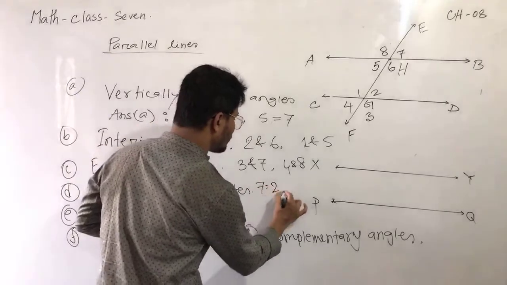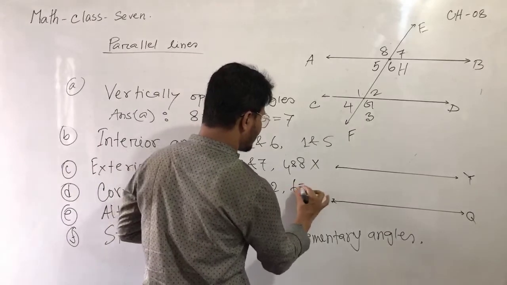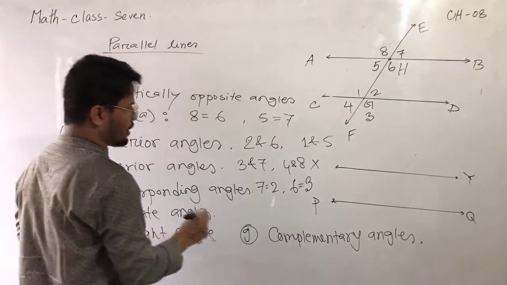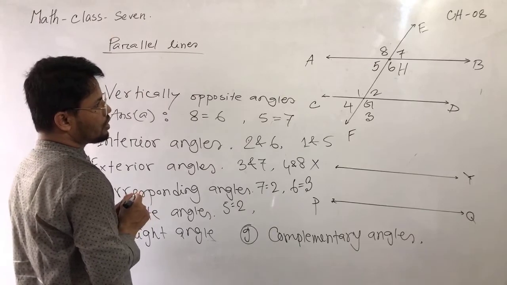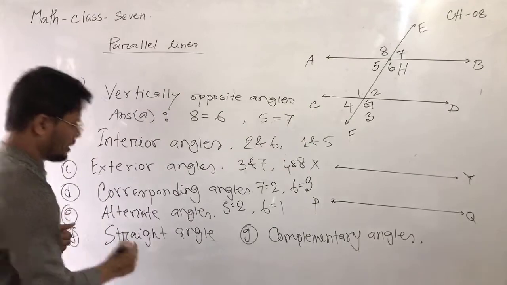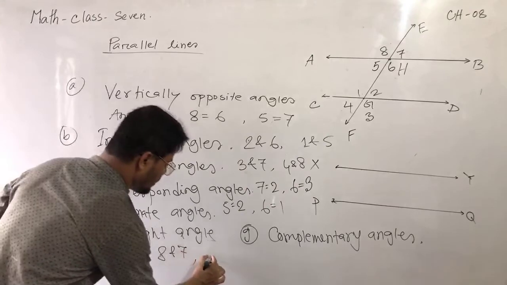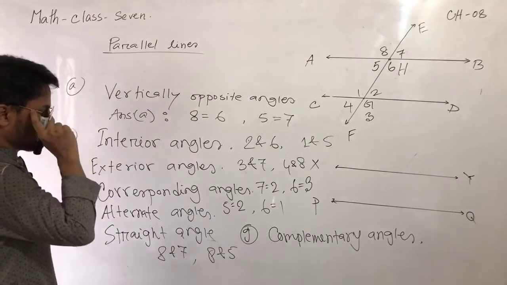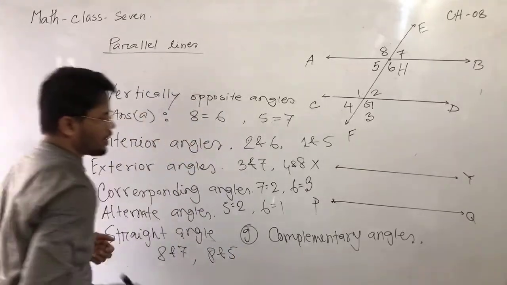Alternate angles: 5 equal to 1. Straight angle: 8 and 7, or 8 and 5, or you can write 6 and 5.